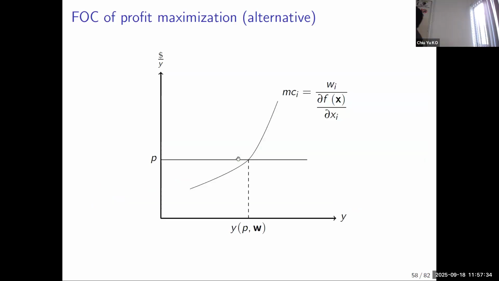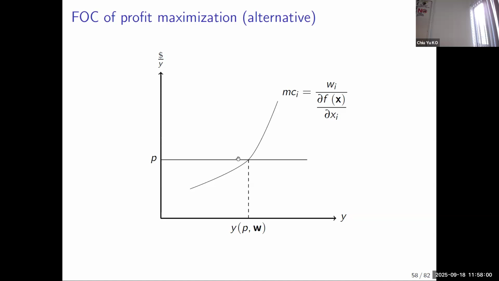So if you do it, this will be in the price dimension, in the Y. You increase in Y, you always sell at the same price, the marginal benefit. And the marginal cost is increasing, because that comes from the usual concave production function. Then the marginal cost goes up.